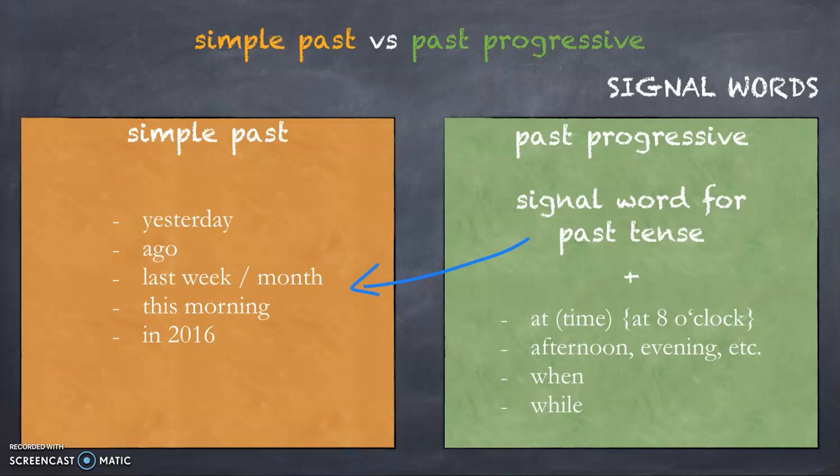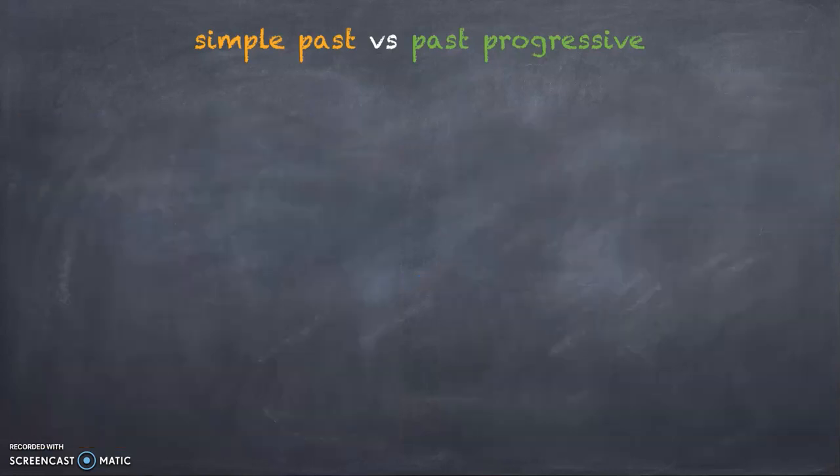And when you have those two together, the signal word for the simple past and the signal word for past progressive, then you have to use past progressive. When and while are signal words that happen very often when you want to use the past progressive.